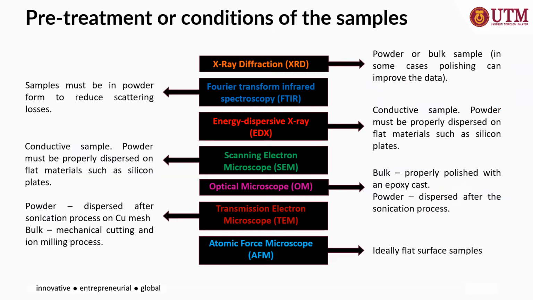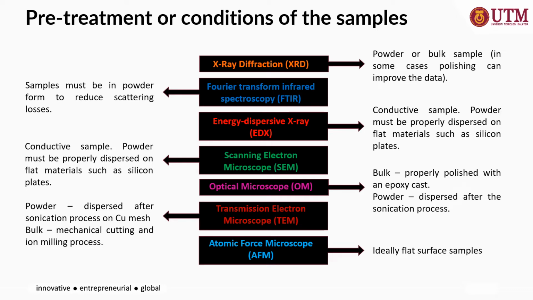There are some conditions that can improve the analysis results or must be fulfilled to obtain very good results. For example, for XRD analysis, we can use powder or bulk samples. In the case of the bulk samples, the sample must be polished to improve the results.